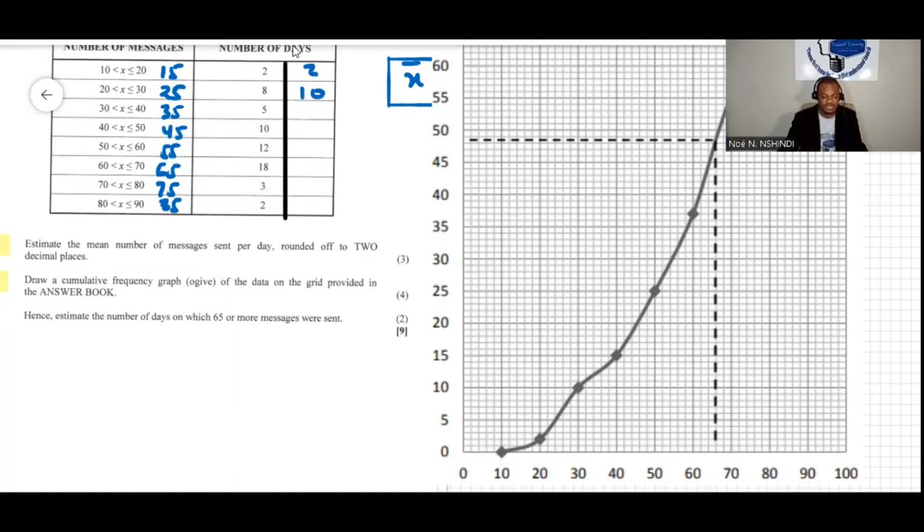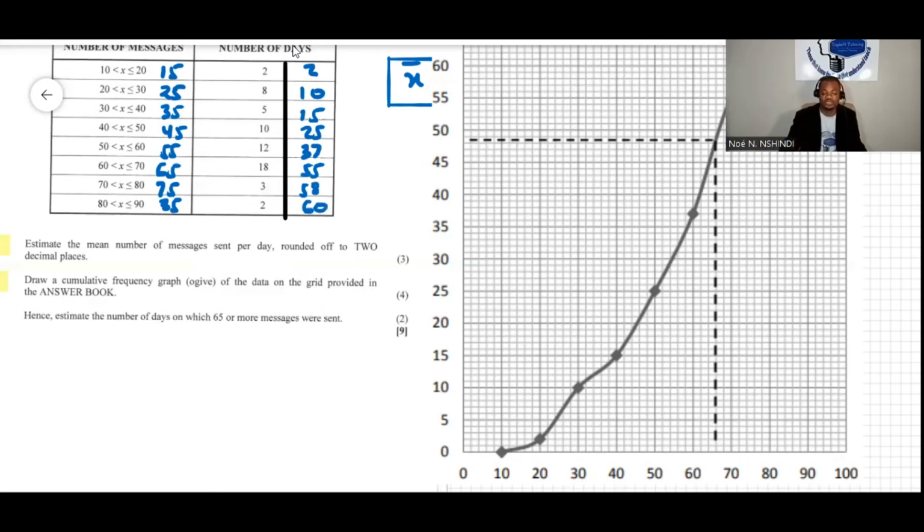Then 10 plus 5 is 15, and then 15 plus 10 is 25. 25 plus 12 is 37. 37 plus 18 makes 55. 55 plus 3 makes 58. 58 plus 2 makes 60.